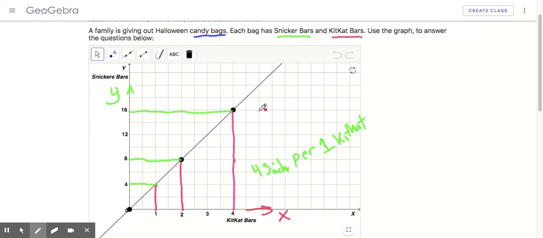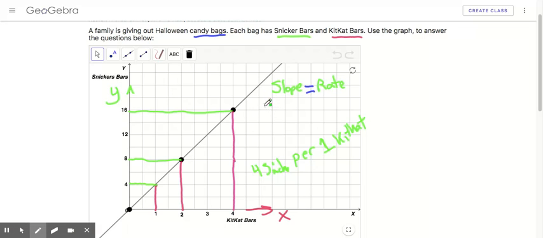So what we can do is, if we remember, we have our slope. Our slope is the same as our rate. So slope equals rate.